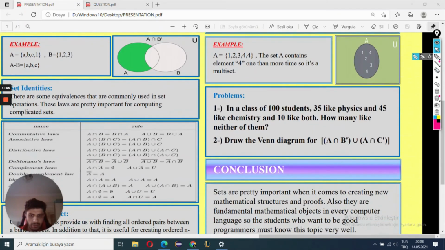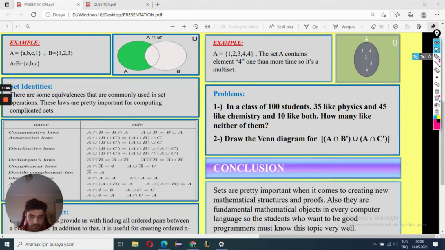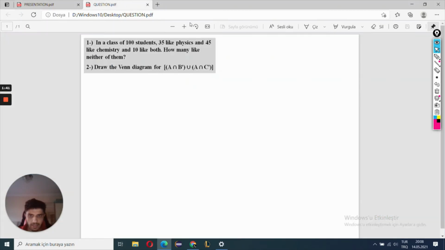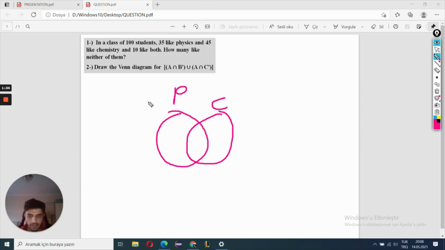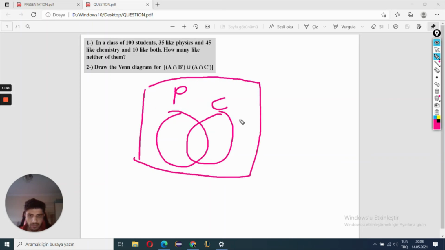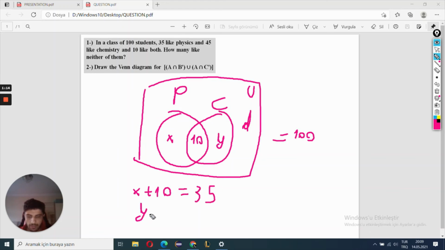Okay, let's look at our 2 problems. In a class, there are 100 students. 35 of them like physics, 45 of them like chemistry, and the others don't like either. So it's x, 10, a. Their sum equals 100, and x plus 10 equals 35, a plus 10 equals 45.